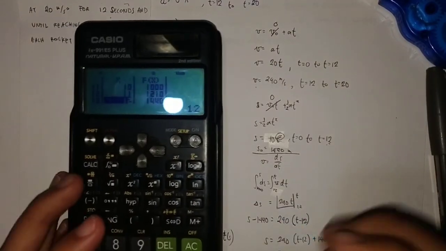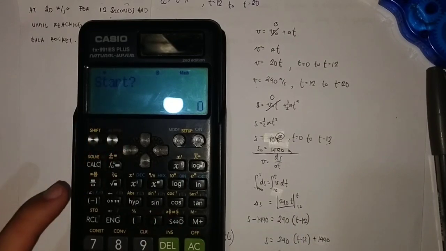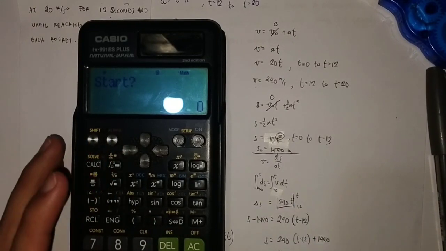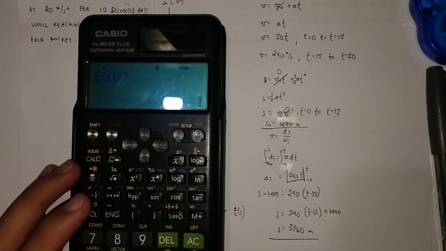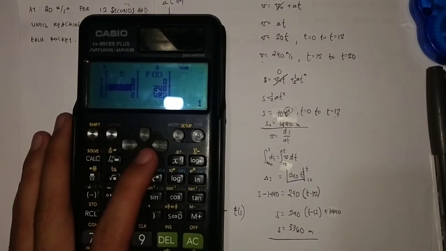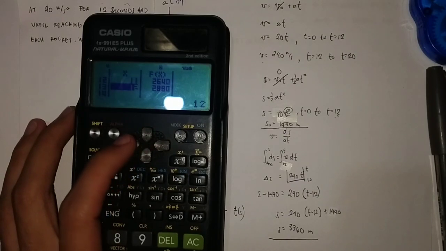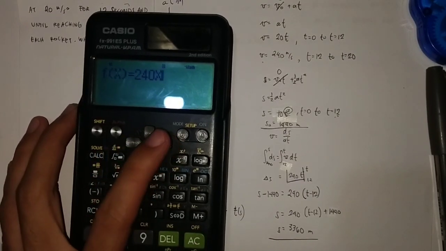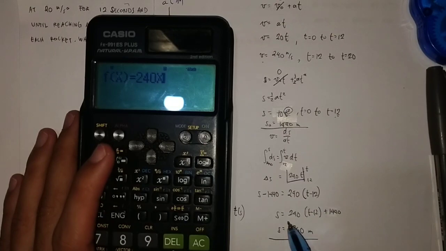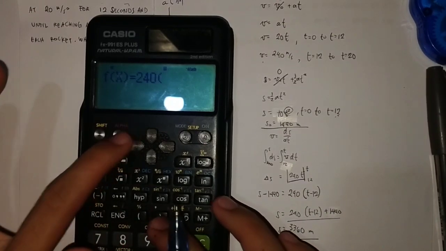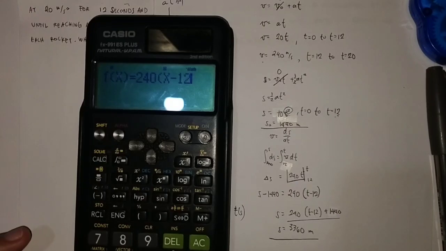Our second equation here is 240t, which, with a degree of 1, will give us a diagonal graph. Our equation here is 240 times x minus 12 plus 1440, from 12 to 20.